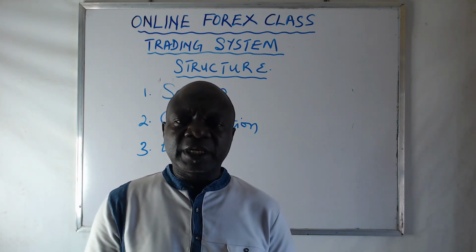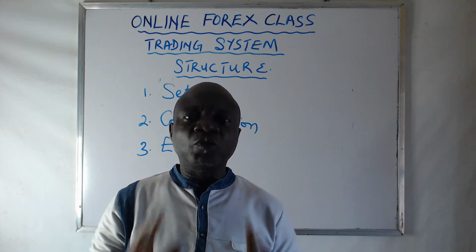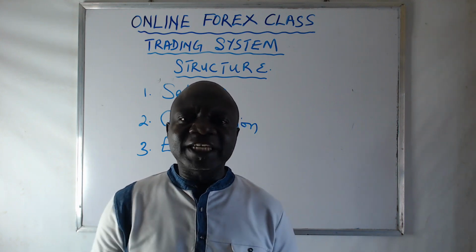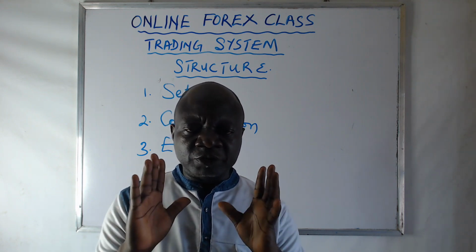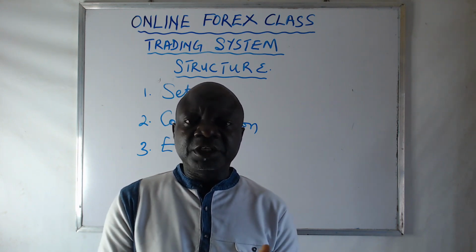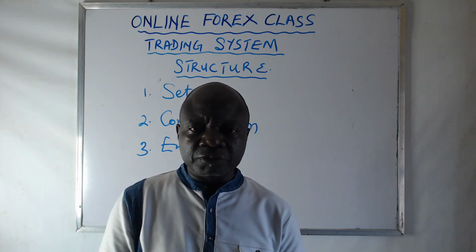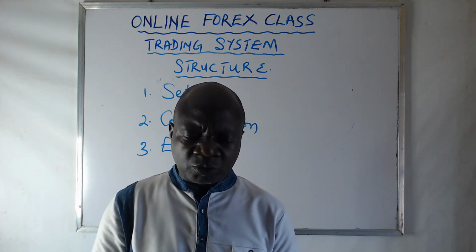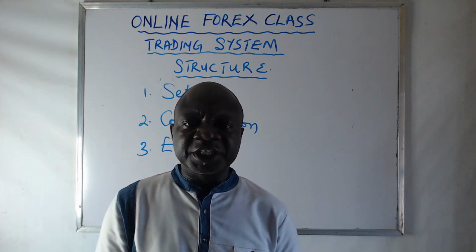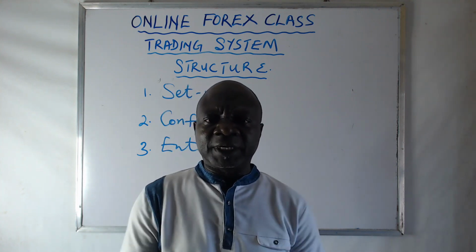Number one, everything starts and finishes with price. Price accounts for everything that happens in the market, especially when you are on your chart. Price will develop to candle, series of candles will develop to trend, and trend will actually give you the idea of what to do in the market.